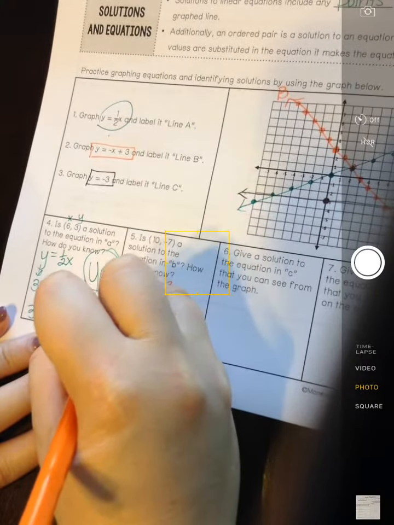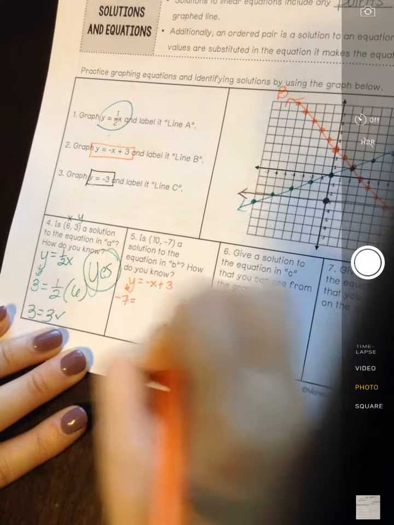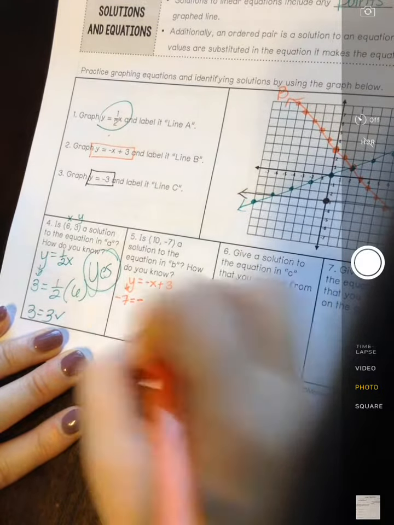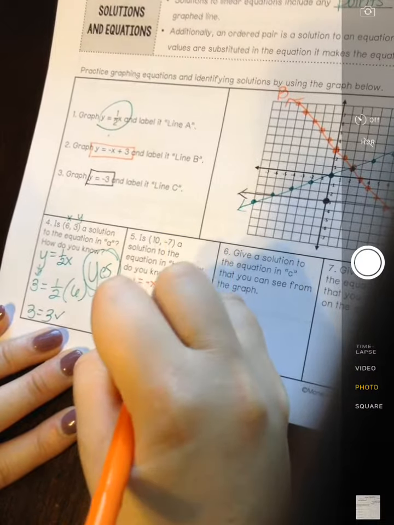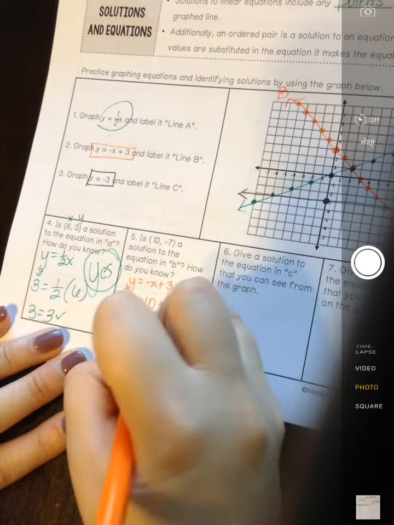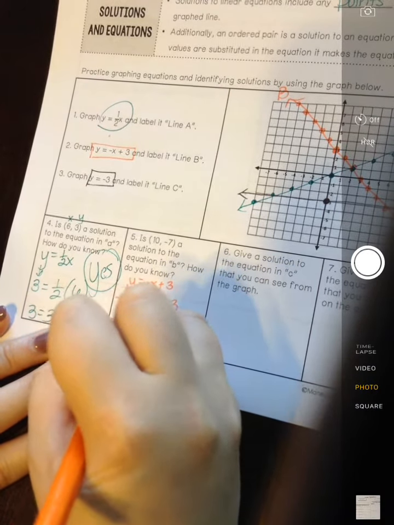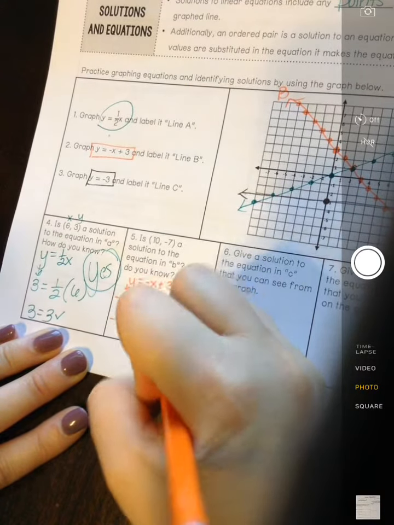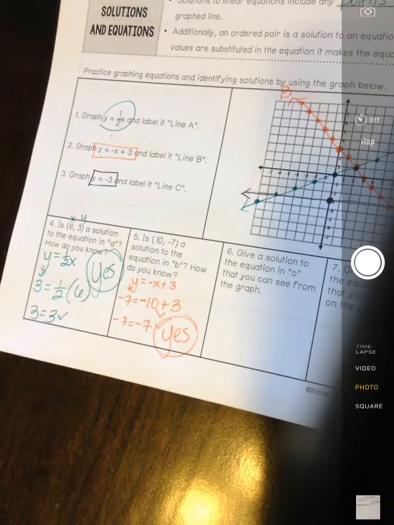So instead of y, we have negative 7. This is a negative here, so drop a negative down, and then plug in the x, which was 10. Negative 10 plus 3 is negative 7, so this is a true statement. So yes, it would be on the line.